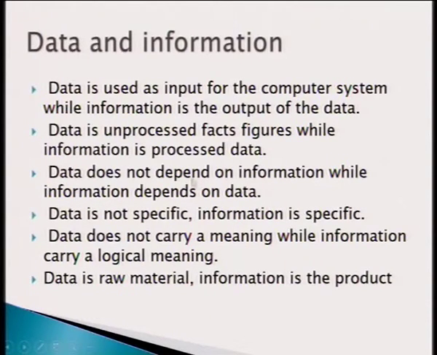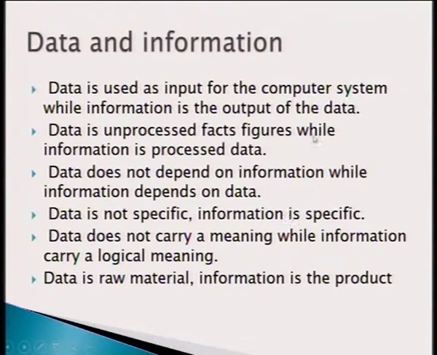Data does not depend on information, while information depends on data, in the sense that for you to have information, you must first have data. You cannot have information without data. Data is not specific; information is specific. Data does not carry a meaning, while information carries a logical meaning.